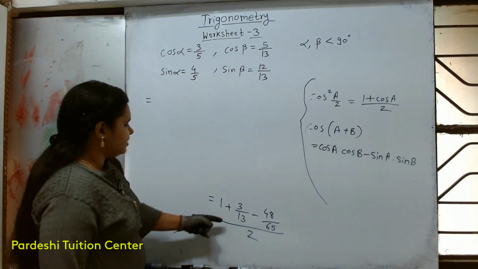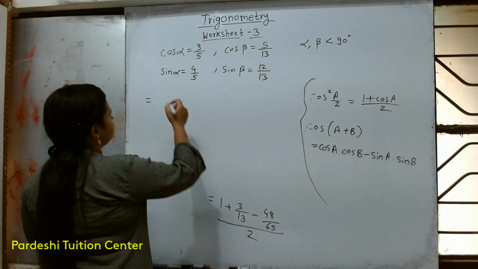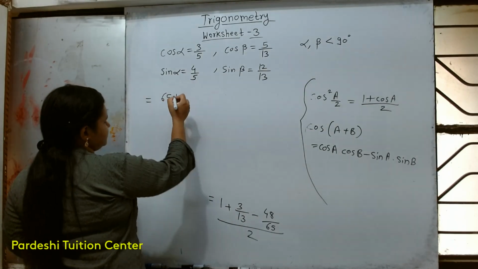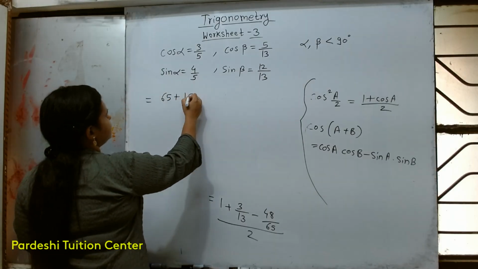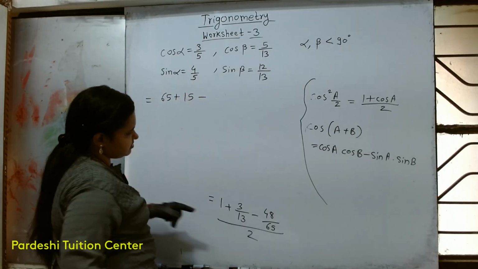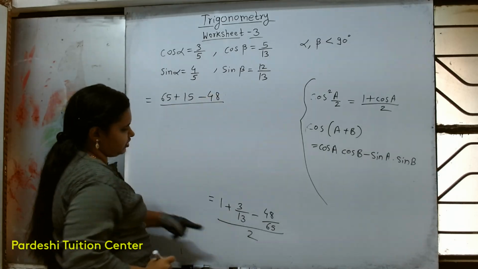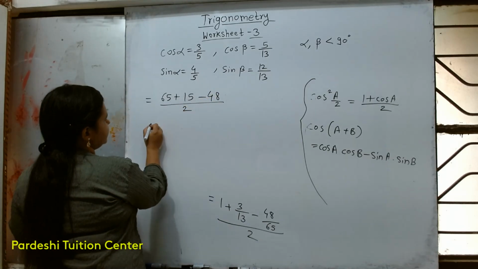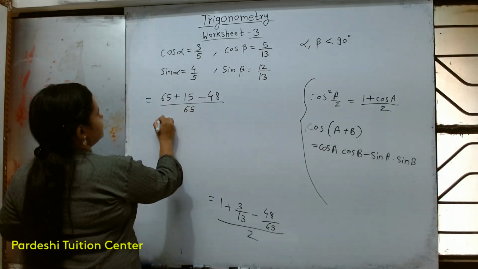Now if I take the LCM of 13 and 65, it will be 65. So it will be 65 plus 15 minus 48, upon 65, all upon 2.